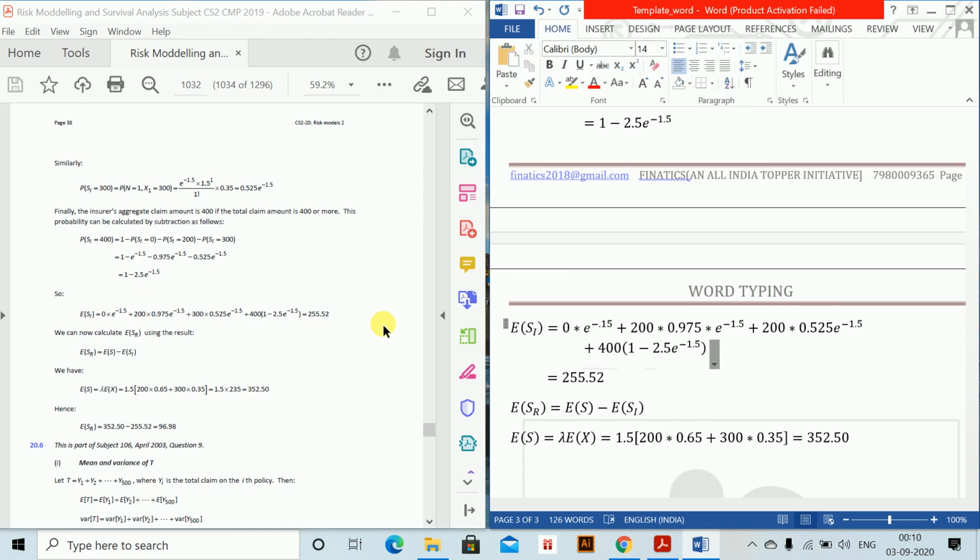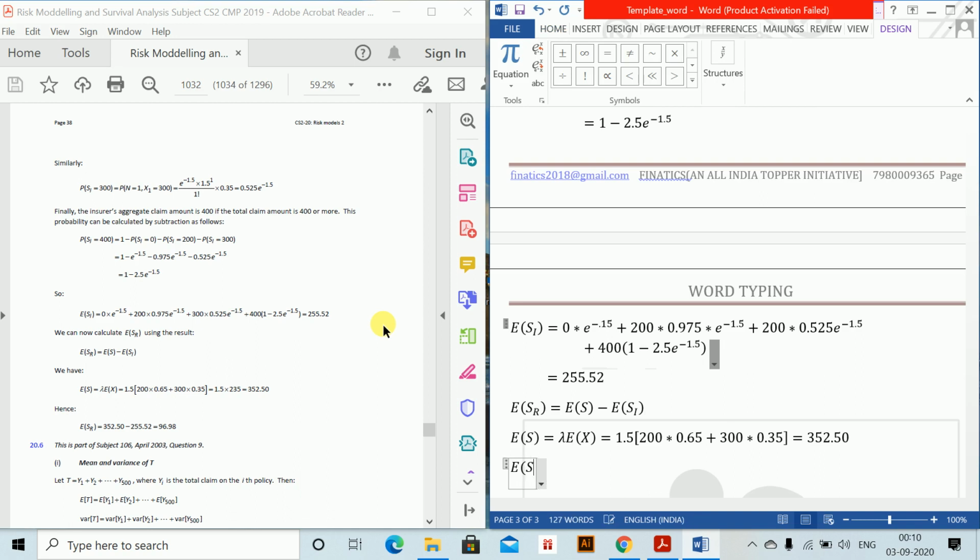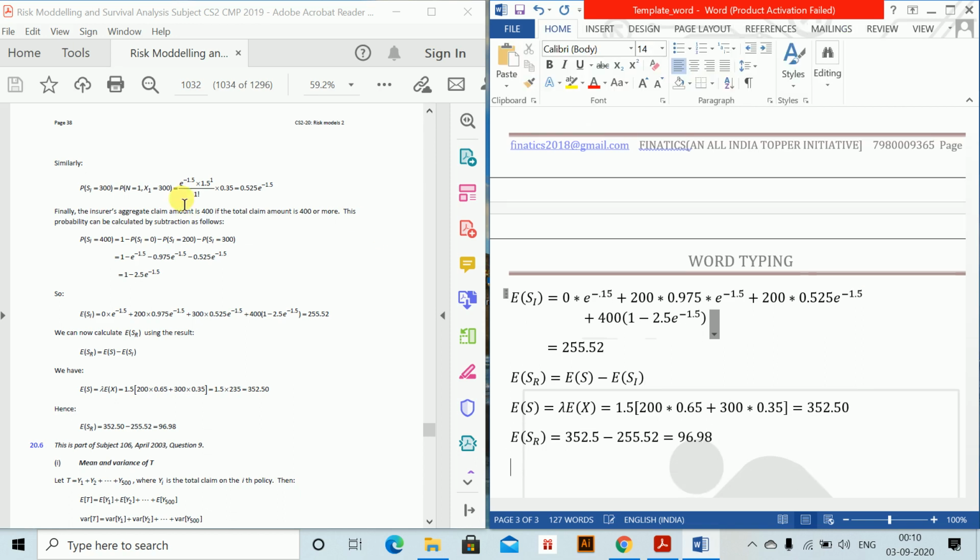Hence the expectation of S_R is equal to 352.5 minus 255.52, which is equal to 96.98. Okay, so this completes risk model 2 also. Thank you.